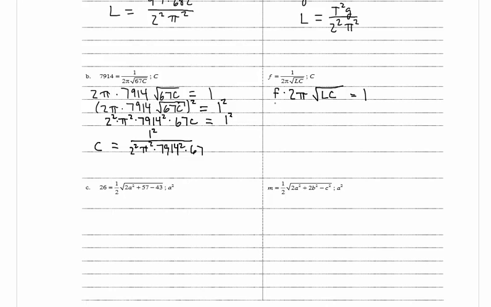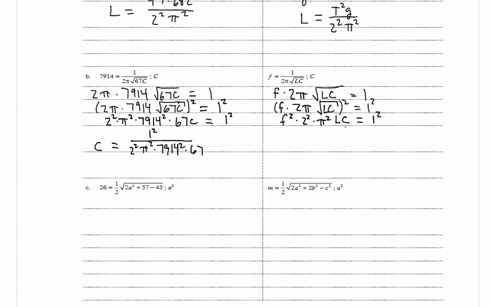And now I'm going to square both sides. So f times 2 pi times the square root of LC, all squared, is equal to 1 squared. And now we have f squared times 2 squared times pi squared. And the square root of LC squared is LC, which is equal to 1 squared.